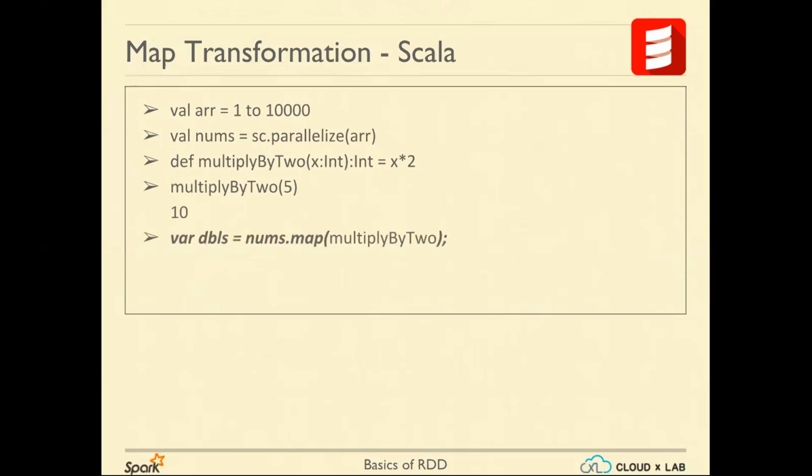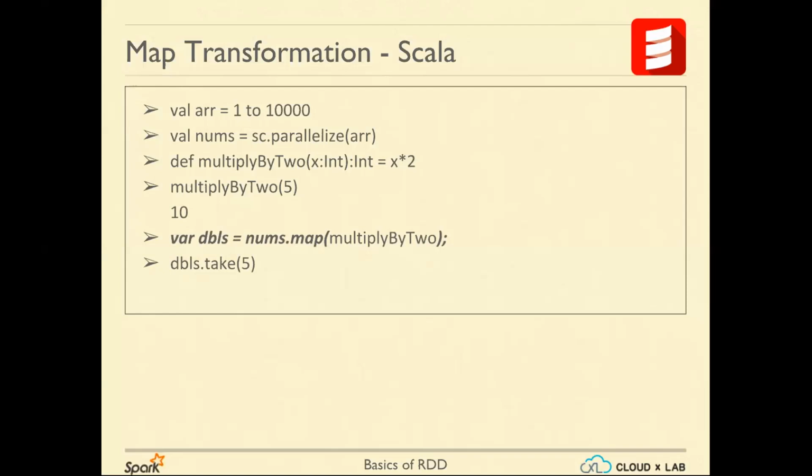Then we called the map function on our RDD nums with multiply by 2 as argument. Here the value dbls is another RDD containing the result of nums.map. dbls.take actually executes the entire process.